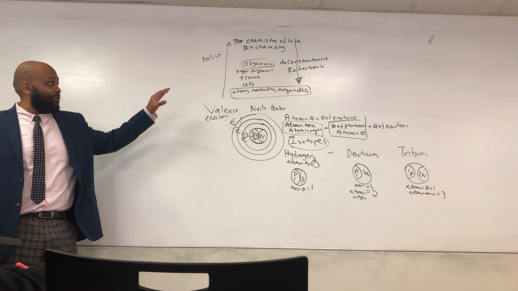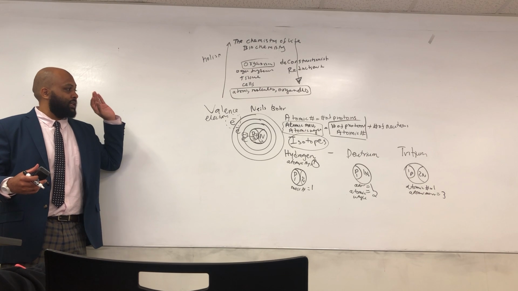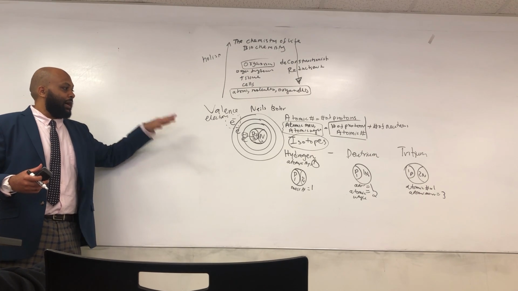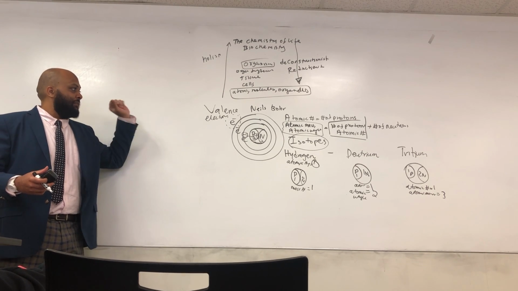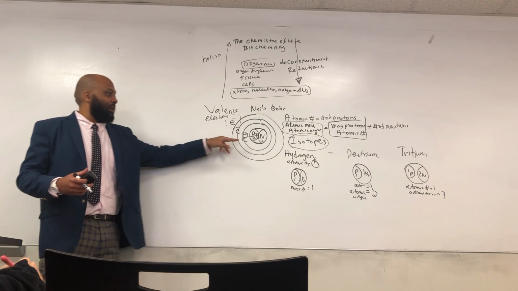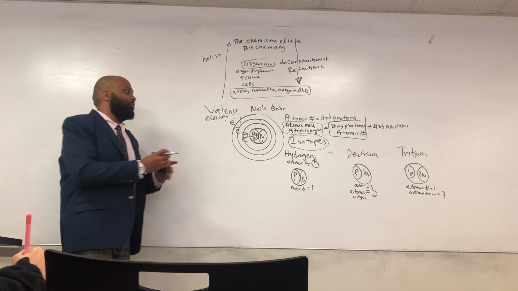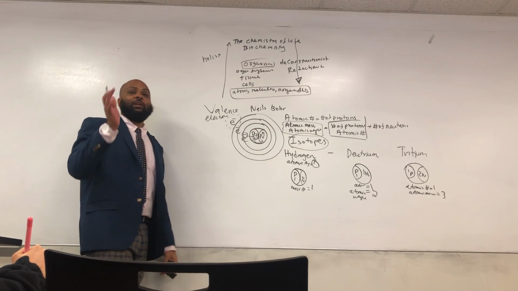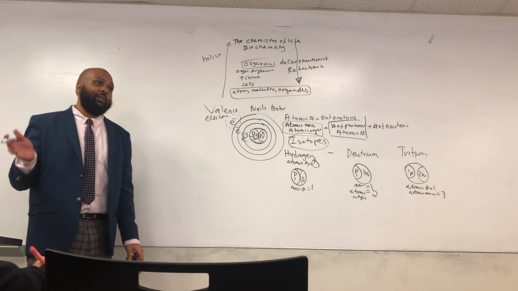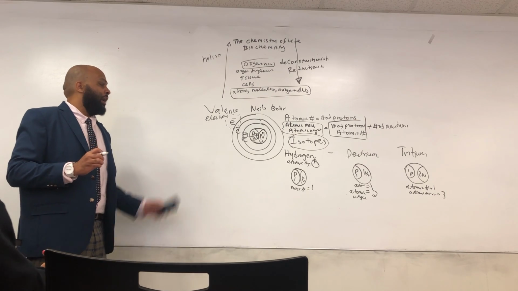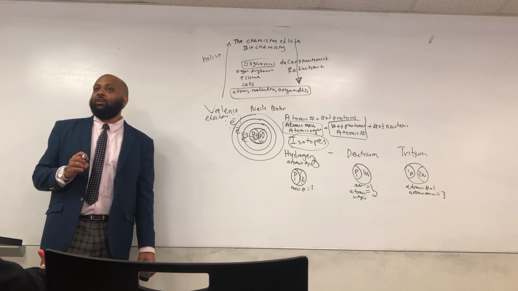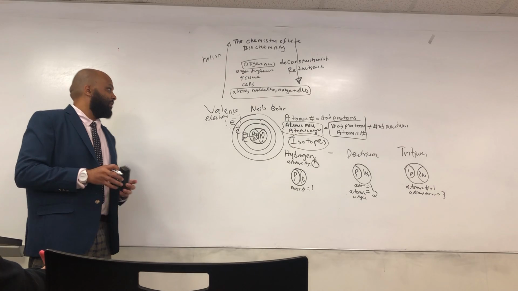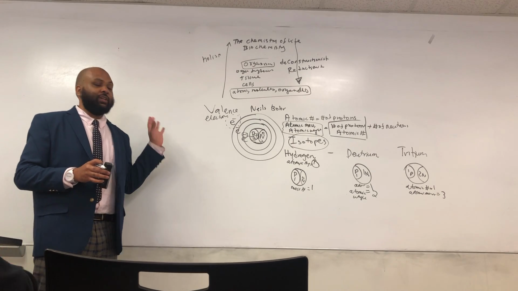So does everybody know now what atomic number, atomic mass, isotope, and valence electrons are? The protons have a plus charge, neutrons are zero. That's why they call them neutrons, because they're neutral. They are not positive, they are not negative. They are neutral. And what about the electron? The electron is negative. Okay, are we through with this?